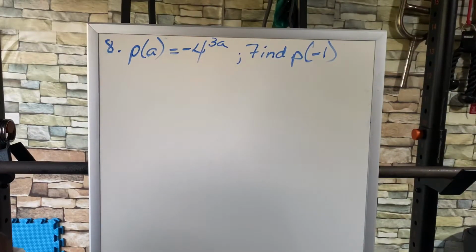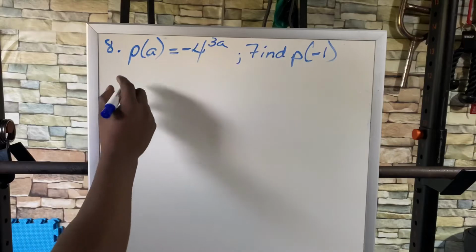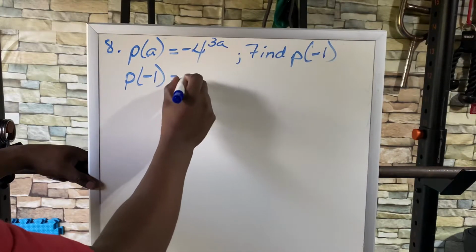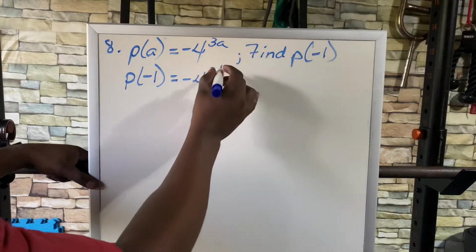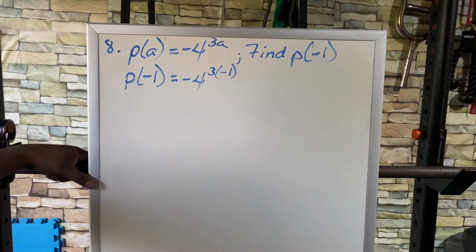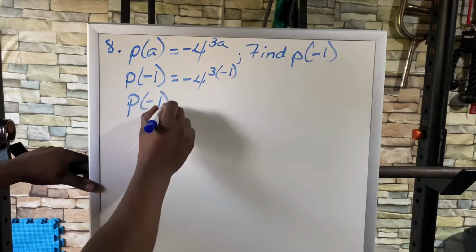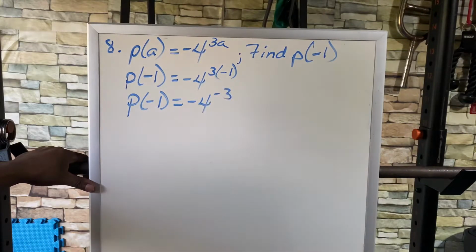Number 8, P of a equals negative 4 to the 3 times a. Substitute negative 1 in where we see a, so P of negative 1 equals negative 4 to the 3 times negative 1. P of negative 1 equals negative 4 to the negative 3.